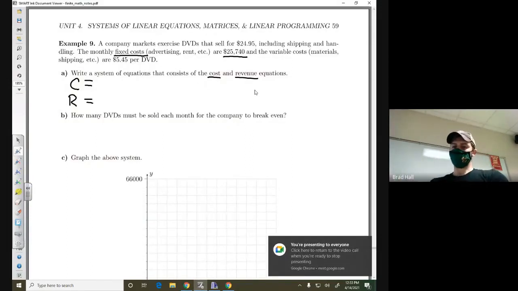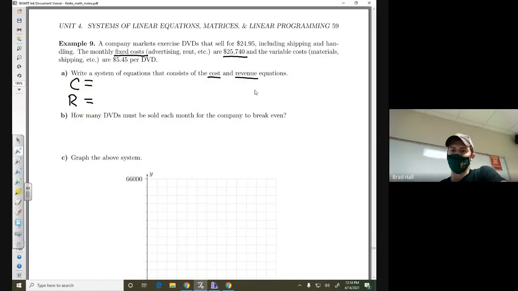So with the cost equation, as I mentioned, the fixed cost, $25,740, that's something you have to pay no matter what. And the variable cost, $5.45 per DVD. Now, normally when you have a variable cost, it's a cost or a value that's near a variable. Makes sense.